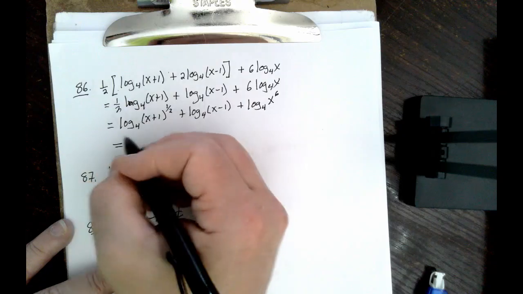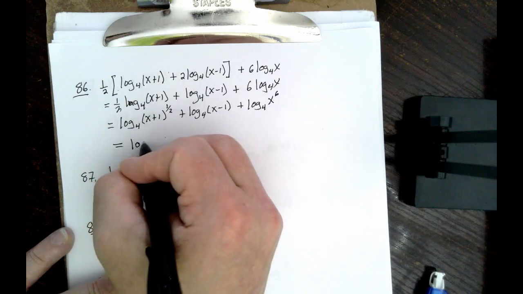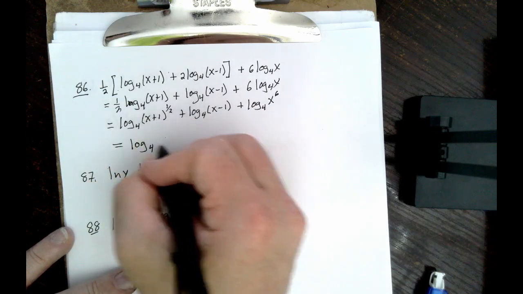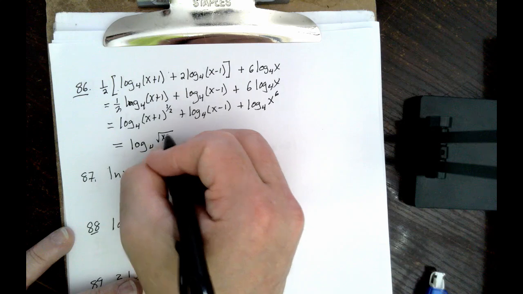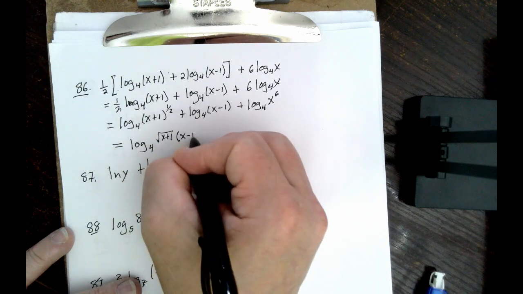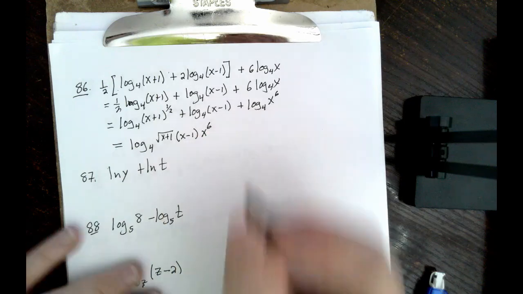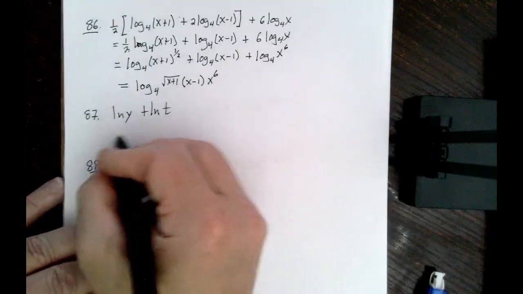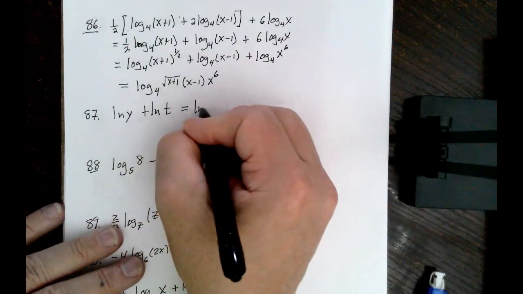And now all these become multiplied, and you can write the 1/2 as the square root if you want. And there you go. Now this addition becomes multiplication.